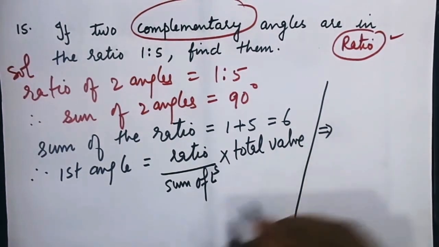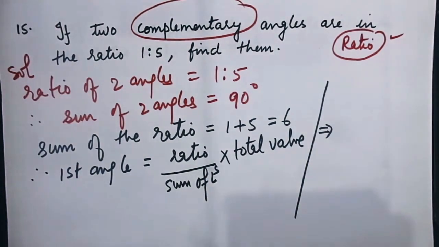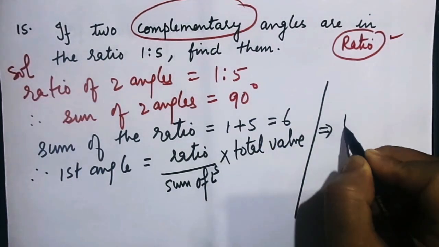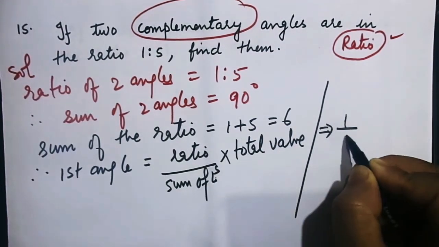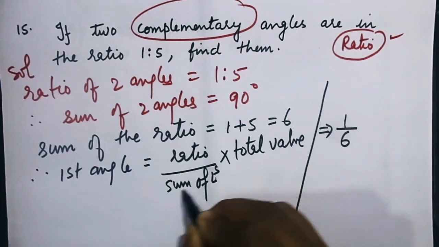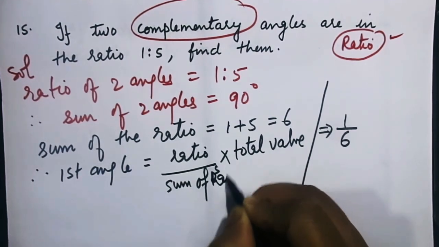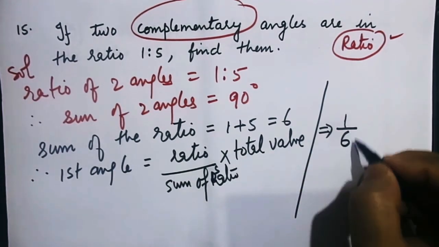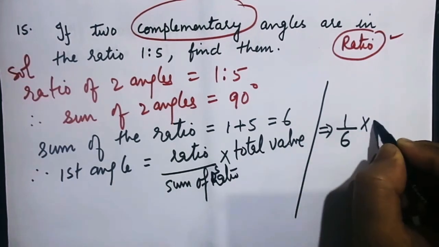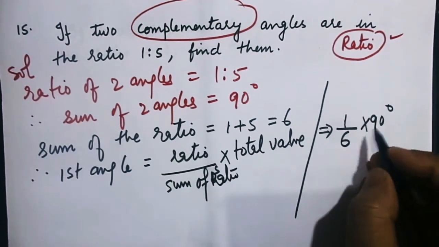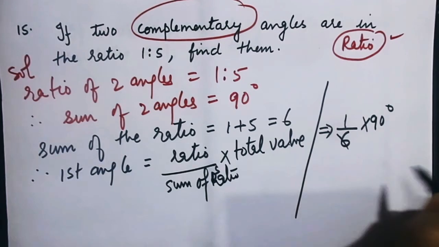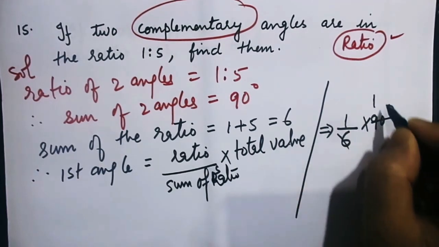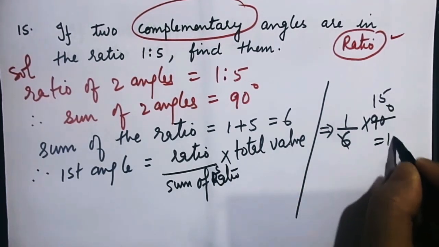Therefore, first angle will be equal to 1 by 6 into 90 degree, the total value. Let's cancel: 6 into 15, so 15 degree.